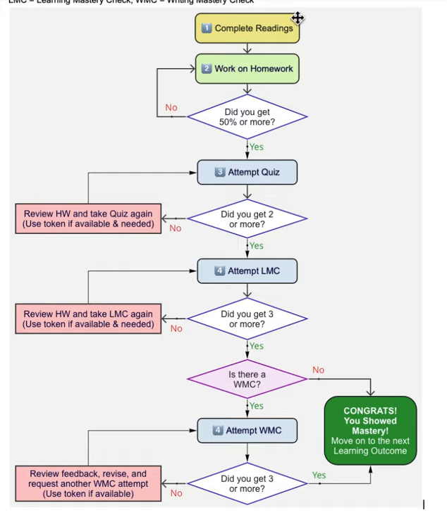Please, please, please, as you're doing all of this, keep everything organized in a workbook, in a binder, whatever it is, because you want to be able to go back and look at what you're doing if you don't pass a quiz or a learning mastery check. And you also want to be able to go back and look at all of that to prepare for the final exam, which is called the final mastery check.